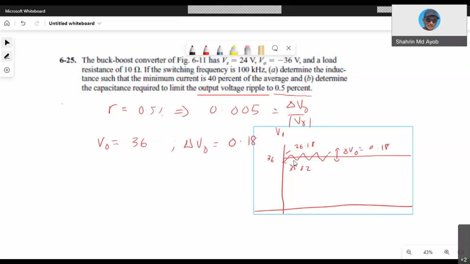For a DC system, the voltage must be pure DC voltage, pure DC current. If you have pure DC current and pure DC voltage, then your power quality is very good. But if you have DC with some ripple, then your power quality is not very good, so it will break your DC equipment.